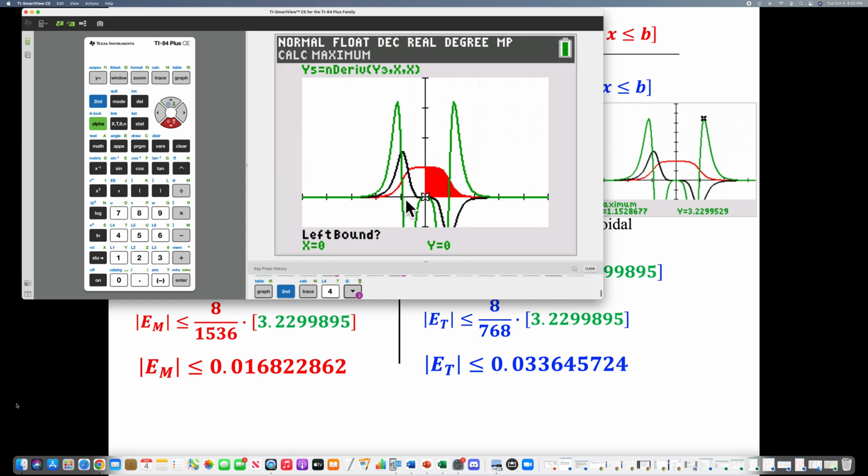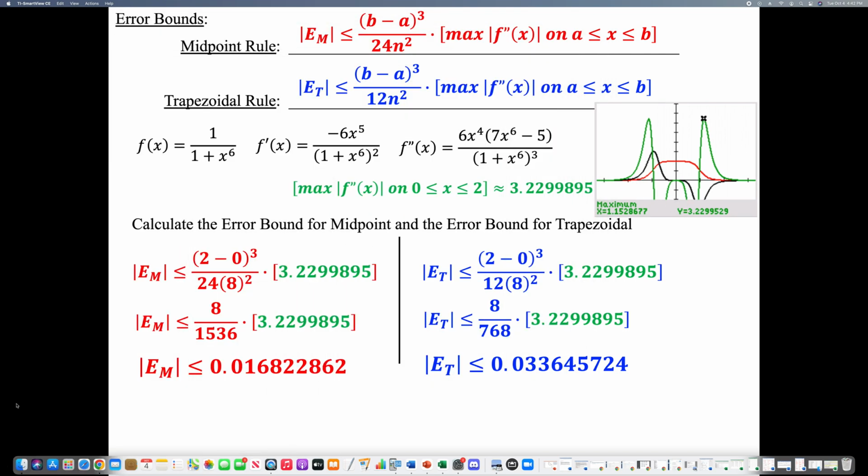And you can just go from 0 to 2. That will work. And it's going to find that high point right there. And there it is. So there's the 3.2299529 that I need for the formula.